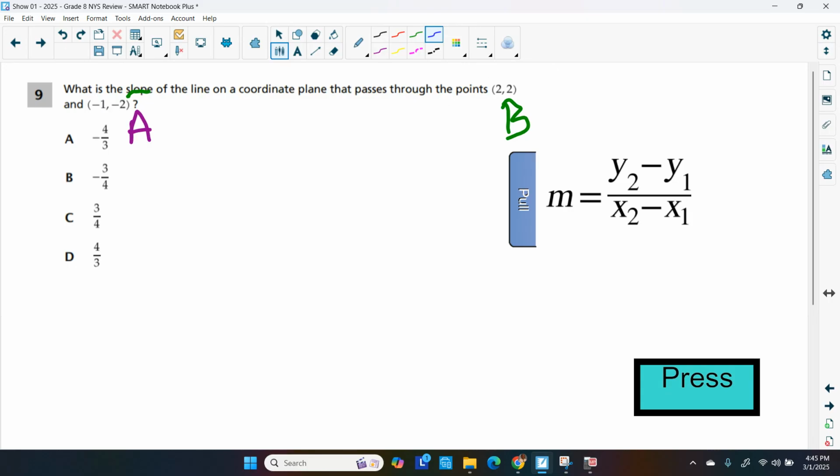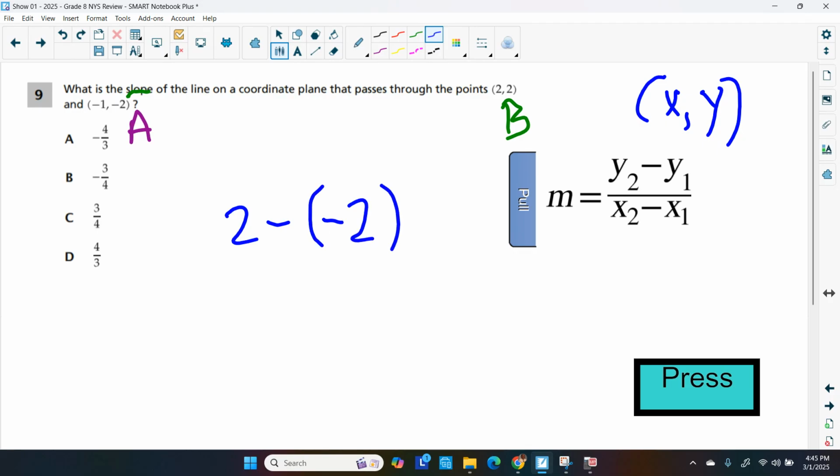So remember, the coordinate is written as the x comma y. So they want to subtract the y point from the other y point. So the y point would be the second one, the 2, minus the other y in the A column, -2.